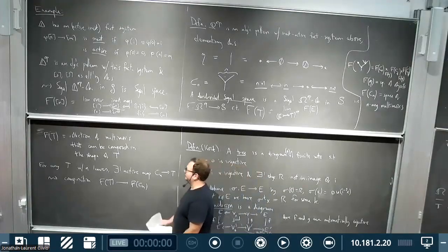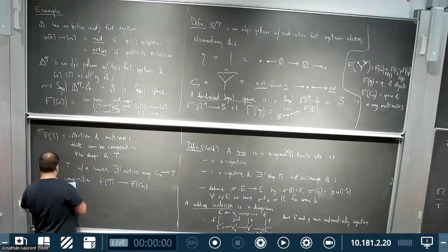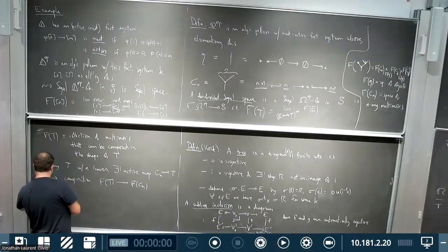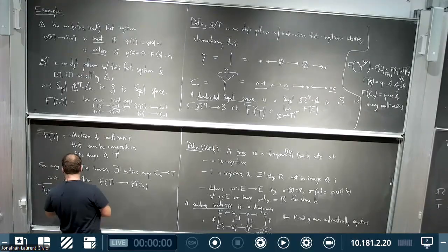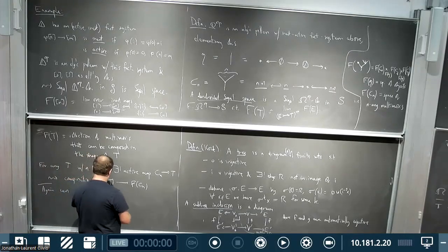Right, and then we have dendroidal Segal spaces, and then you can again, just as I did for Segal spaces, define fully faithful and surjective morphisms.